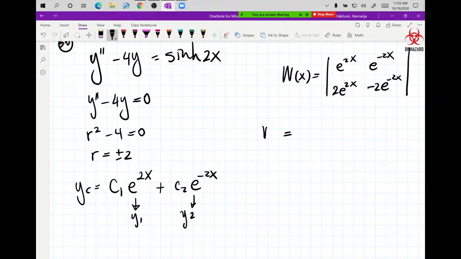And that's going to be equal to, we do it this way, negative 2, because e to the 2x minus 2x is 0, e to the 0 is 1. And then you have minus, and when you do the other diagonal, you also get another 2, so the whole thing is negative 4. And you know that your f of x is sine hyperbolic 2x.